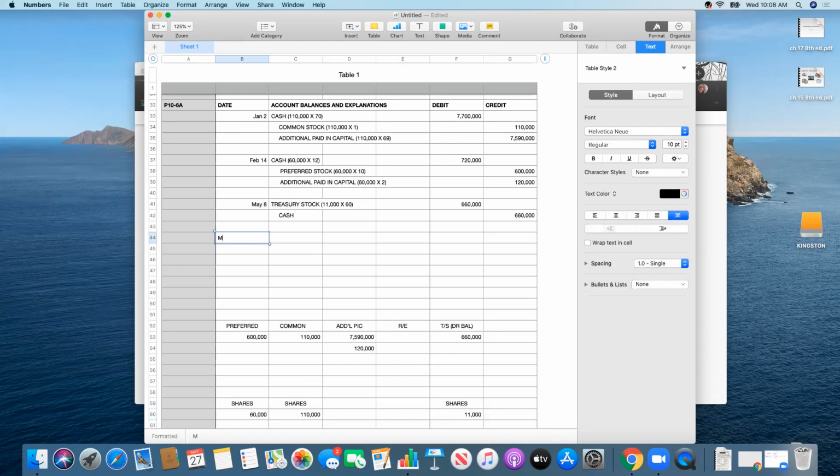May 31st. Resell 5,500 shares of treasury stock at $65 a share. Debit cash: 5,500 times 65, 357,500.